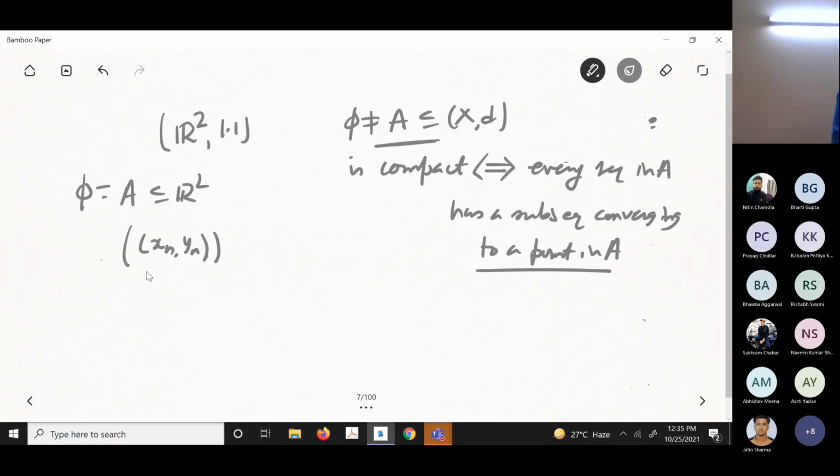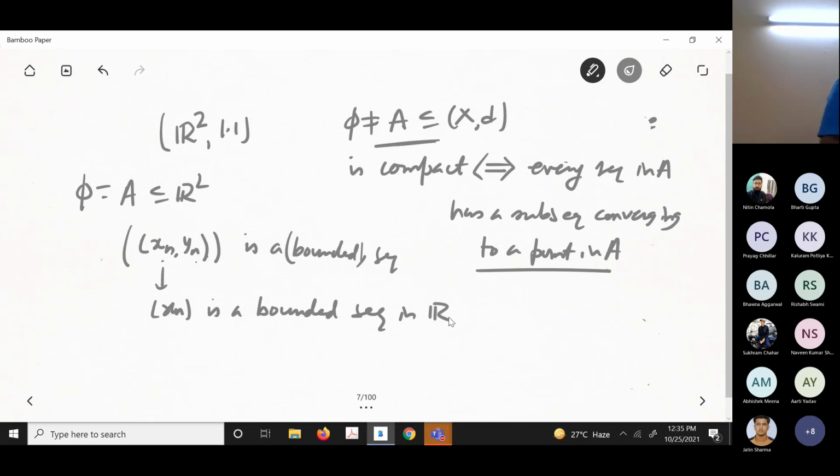So if you take a sequence, it will be a bounded sequence. Bounded sequence means both coordinates are bounded. But that means xn is a bounded sequence in R. Since A is closed, automatically it will be there.